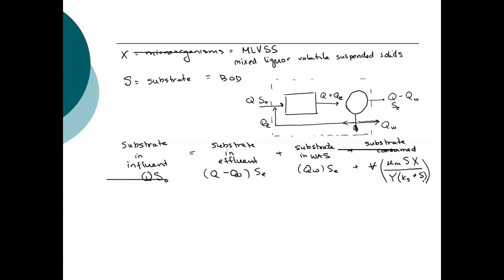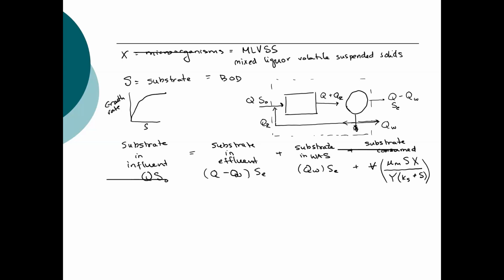It's based on Monod kinetics. So it's based on if we develop a model where we look at the growth rate as a function of substrate concentration. It increases as substrate concentration increases and then asymptotes off.